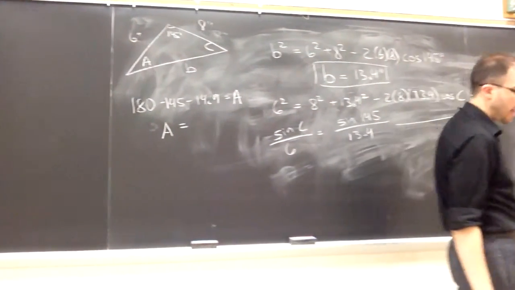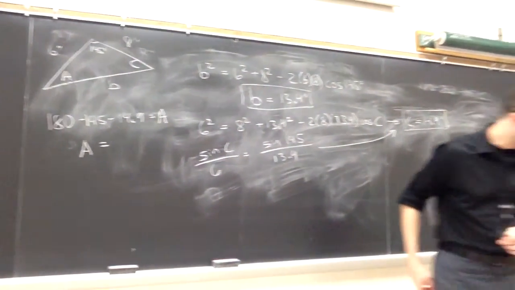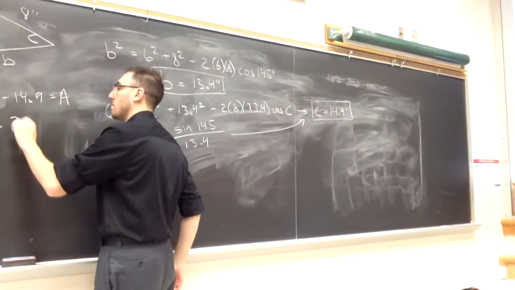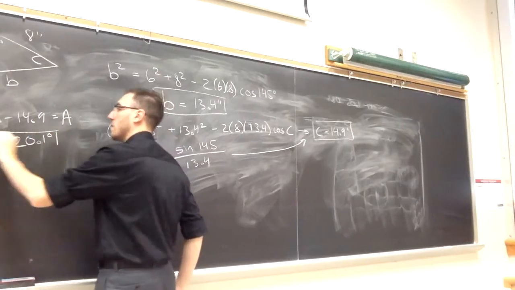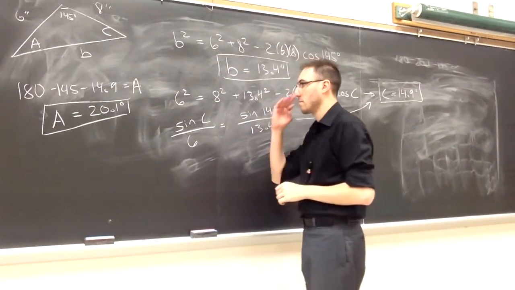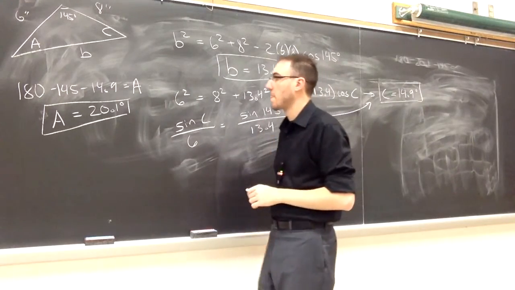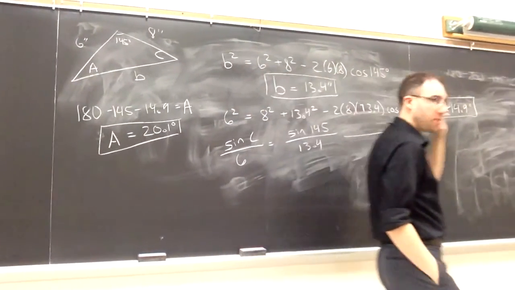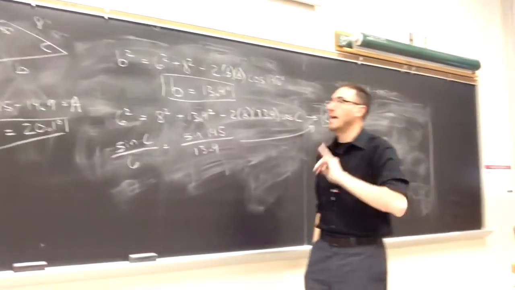We get that angle A, for this to be a triangle, has to be 20.1. Right, so we have the 2 angles we didn't know before. We have that last side.